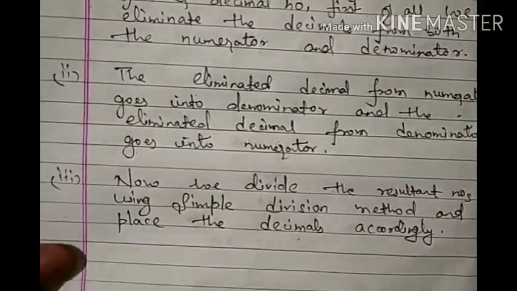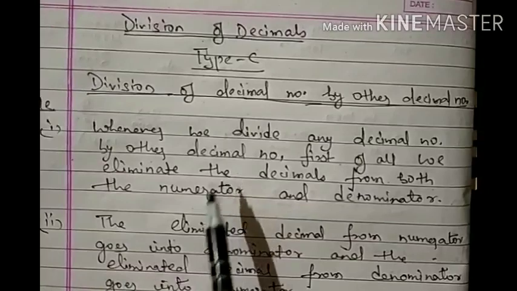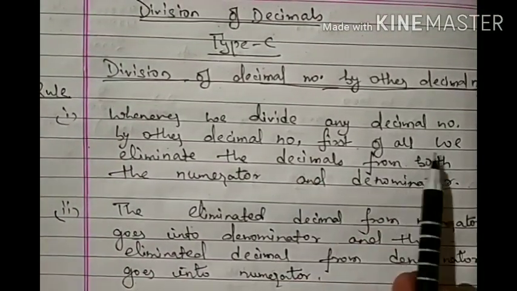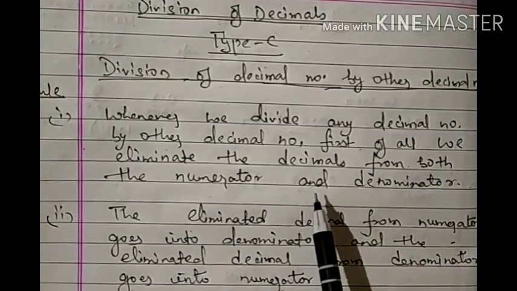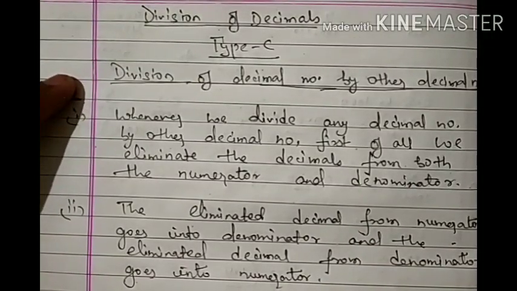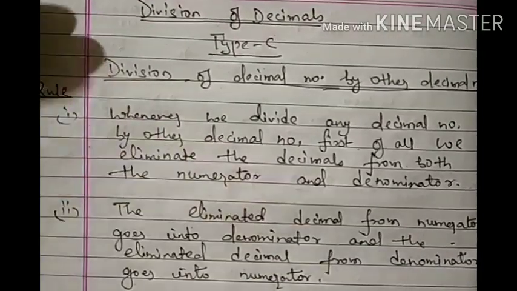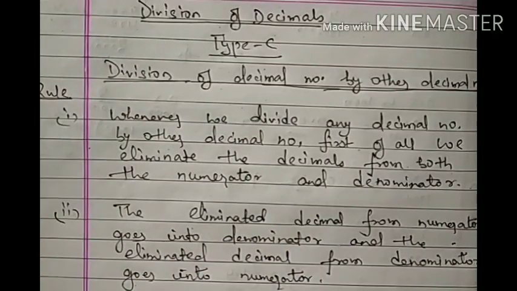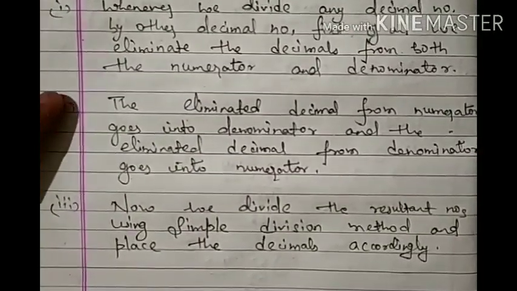Once again, let me explain all the steps. What was the first step? Whenever we divide any decimal number by other decimal number, first of all we eliminate the decimals from both the numerator and denominator. The eliminated decimal from numerator goes into the denominator part, and the eliminated decimal from denominator goes into the numerator part.